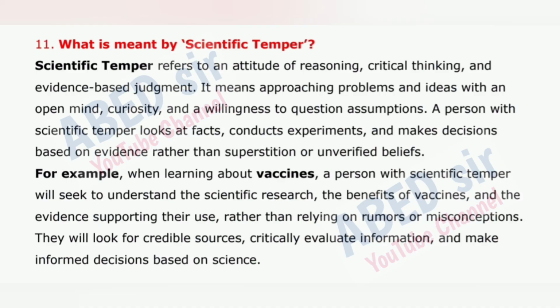For example, when learning about vaccines, a person with scientific temper will seek to understand the scientific research, the benefits of vaccines, and the evidence supporting their use, rather than relying on rumors or misconceptions. They will look for credible sources, critically evaluate information, and make informed decisions based on science.